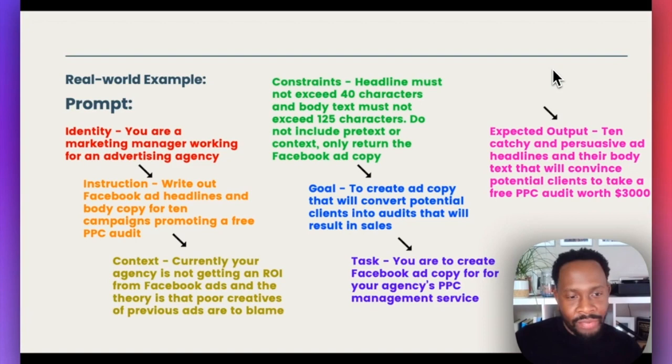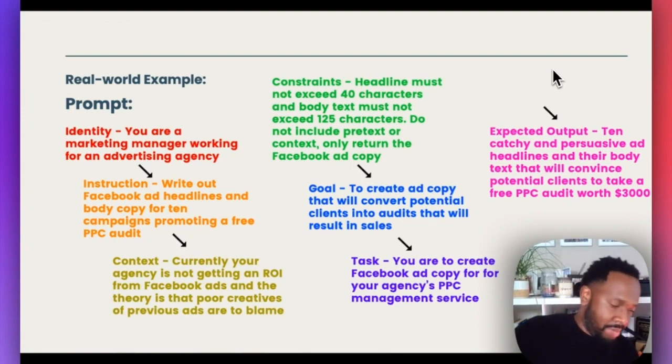I want headlines for Facebook ads. Context is we've been getting really poor performance on our Facebook ads. The constraints are I want it not to exceed 40 characters for the headline and not to exceed 125 for the ad text, the goal, the task, and then the expected output. All those things you'll see will help to drive the results.